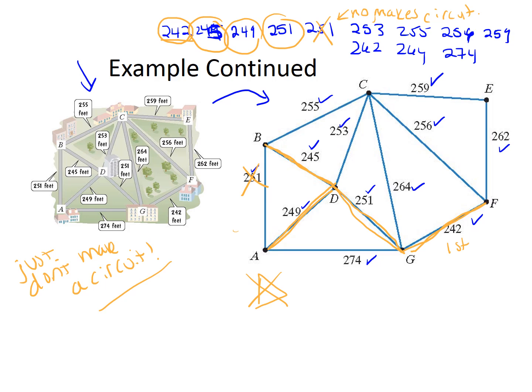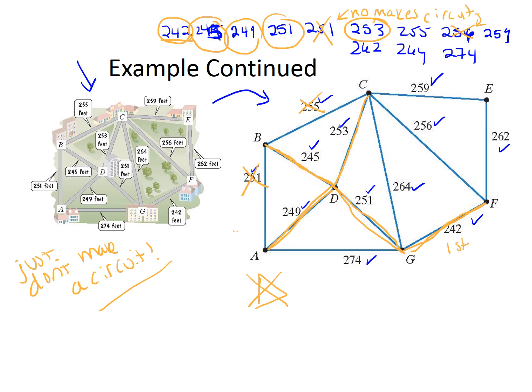But we're still not completely connected because C and E are not connected to our graph yet. 253, yep. 255, no, that would make a circuit. 256, no, that would make a circuit. So that's no good either.